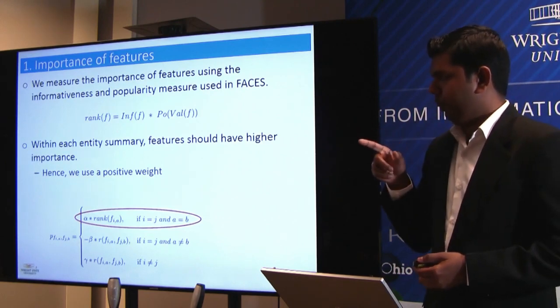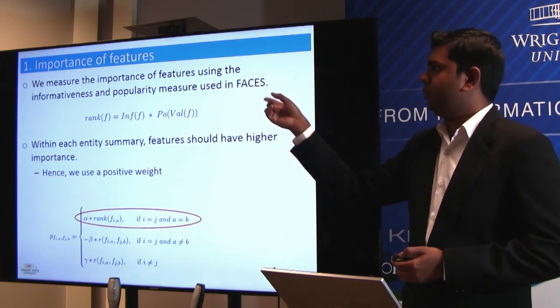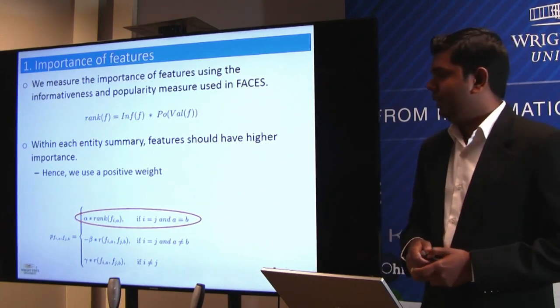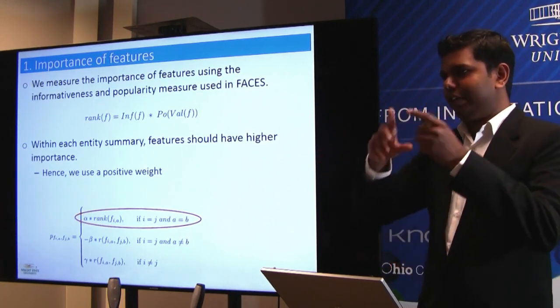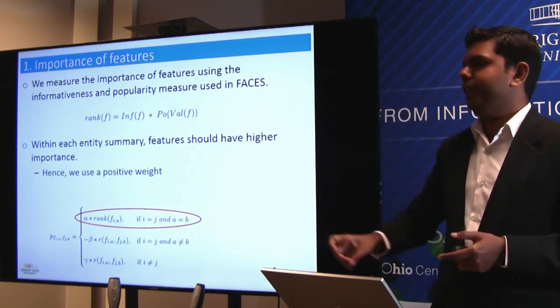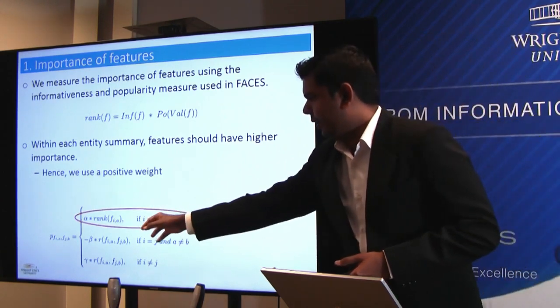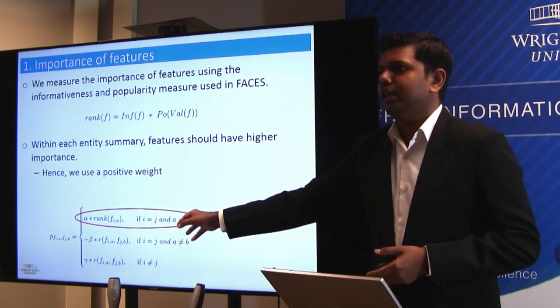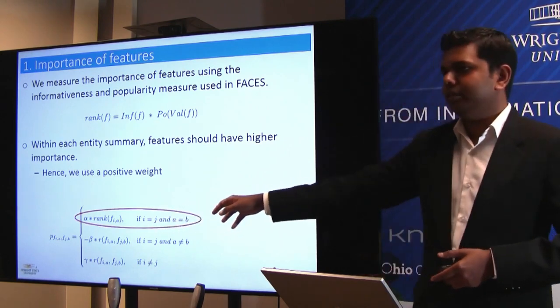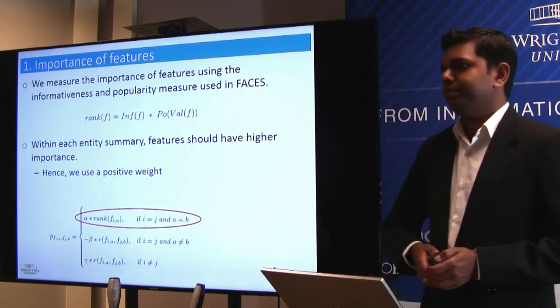What we have to keep in mind here is that in this quadratic profit function, if you consider the profit matrix, the importance of the features will be the diagonal. So if the entities are the same and the features are the same, only the importance computation applies.